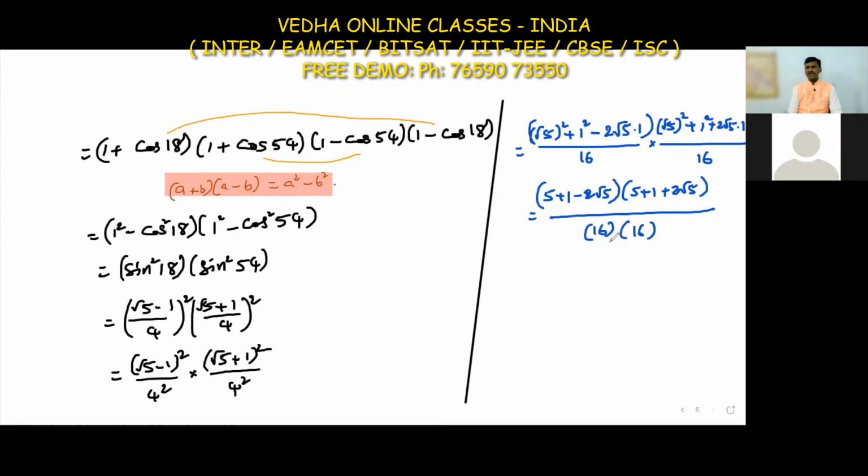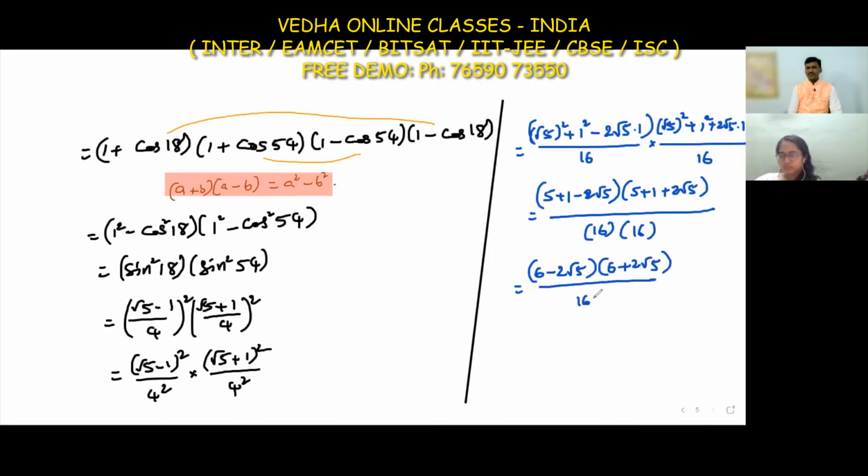They are in multiplication, so we can multiply here. 5 plus 1 is 6. 6 minus 2 root 5 into 6 plus 2 root 5. Can we take anything common? We can take 2 and 2 common.